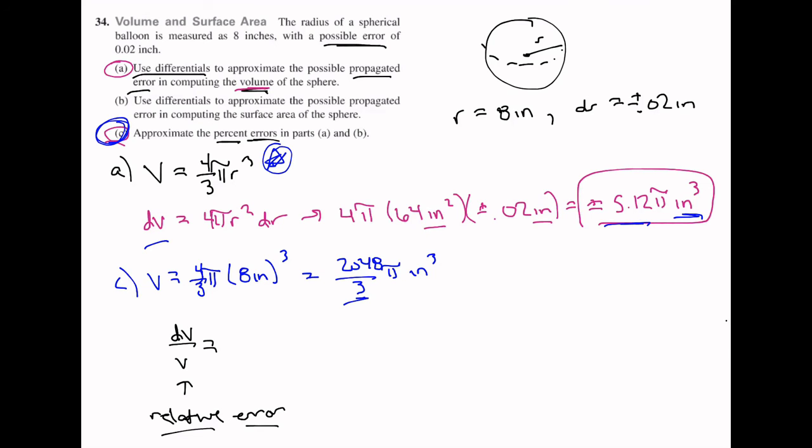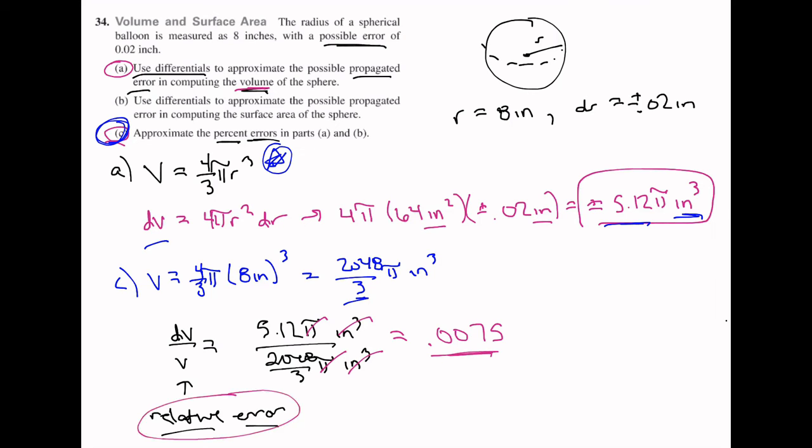So I'm going to leave this in terms of pi because then we won't have to approximate our answer so much. These are both cubic inches, I just want you to realize. So the cubic inches will cancel, the pi's will cancel, and now you just have to take 5.12 divided by 2048 thirds, and you get 0.0075.